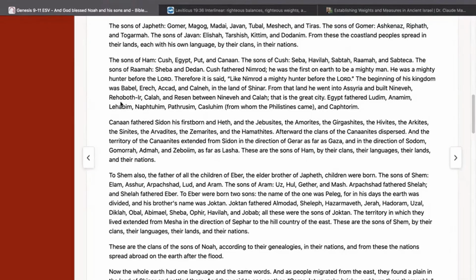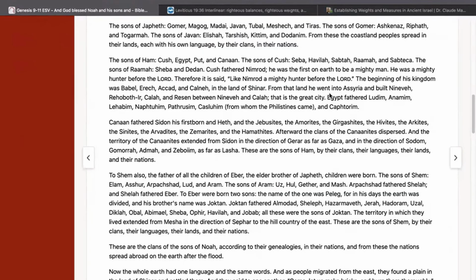The beginning of his kingdom, Babylon. All right, so they get captured and taken over by Babylon later on, as it talked about. Once they become a kingdom, that happens. Land of Shinar.